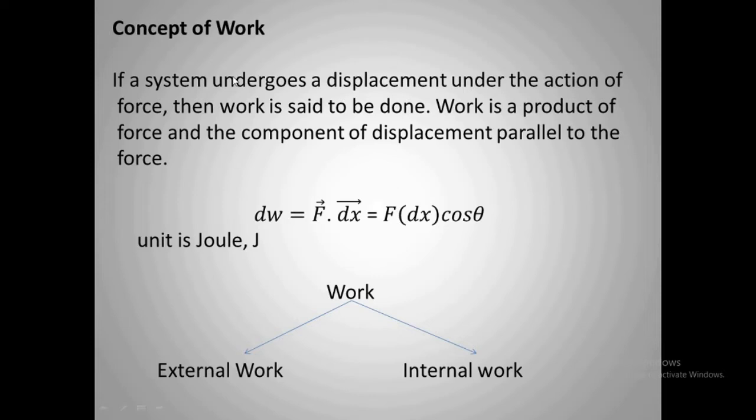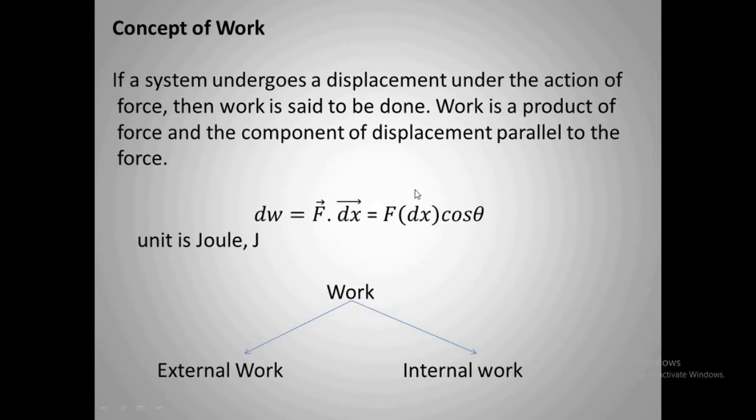Then the concept of work. What is work done? If a system undergoes a displacement under the action of force, then work is said to be done. Work is the product of force and the component of displacement parallel to the force.